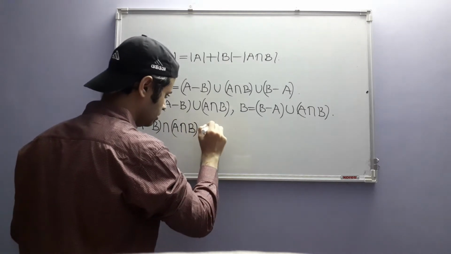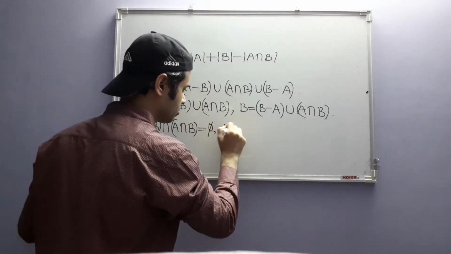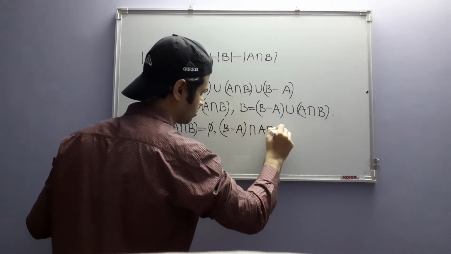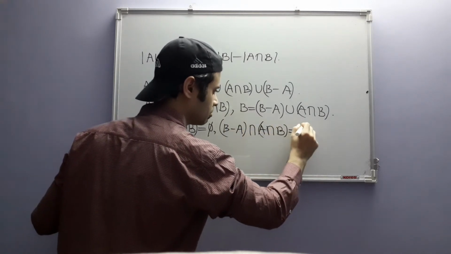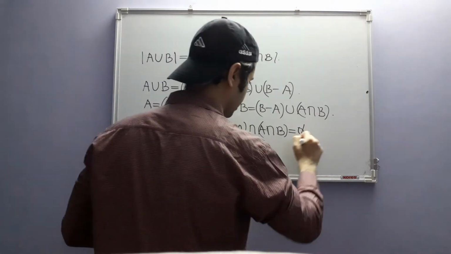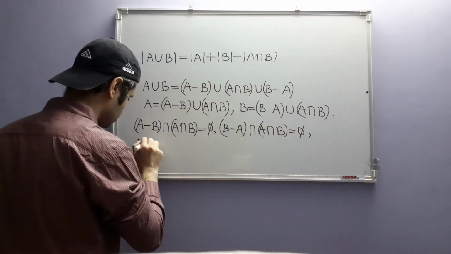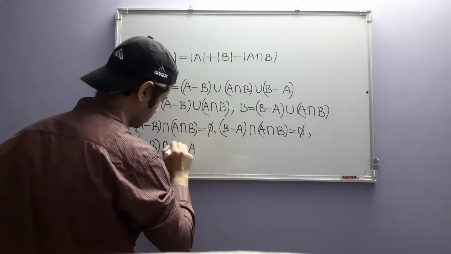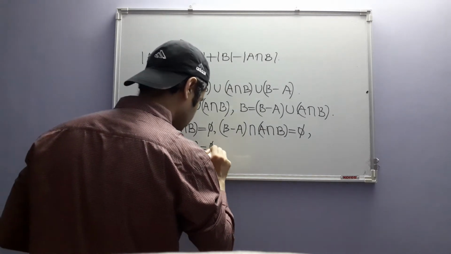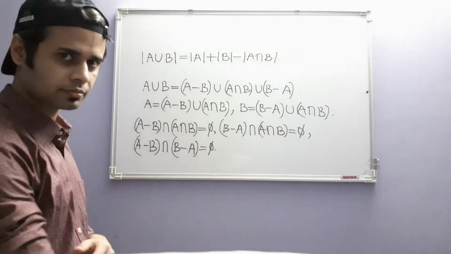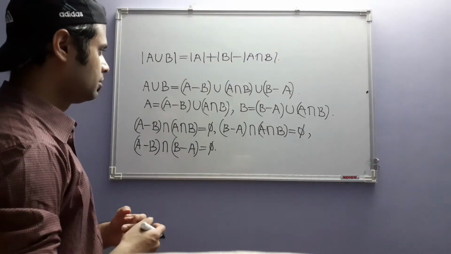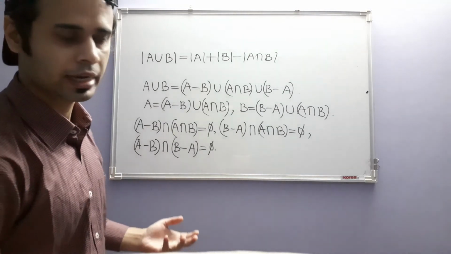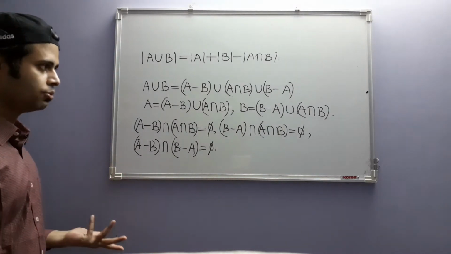This is empty, this is also empty, and this is also empty, right? Now, these again I am leaving to you. I have already left them to you to prove.